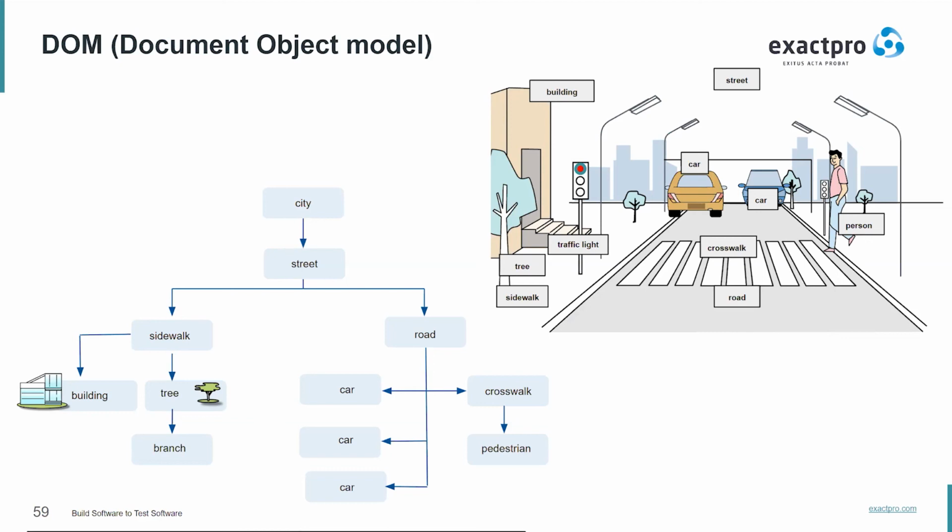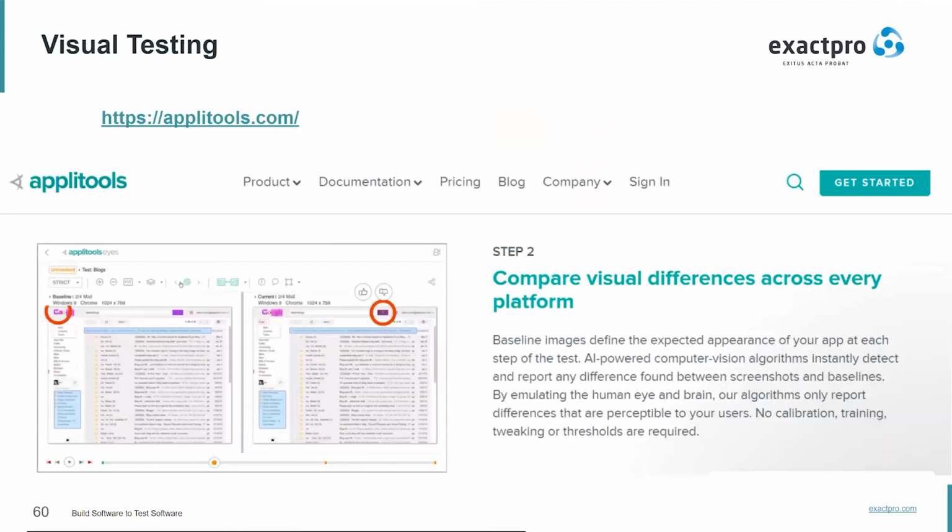The idea of the next tool, Applitools, is that it uses computer vision for that. It gives us an opportunity not to look for differences in the formal structure of the page, but it rather looks at it as a human being would look at it.